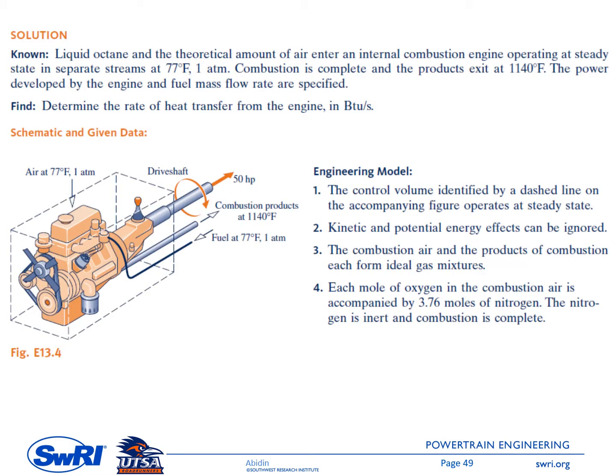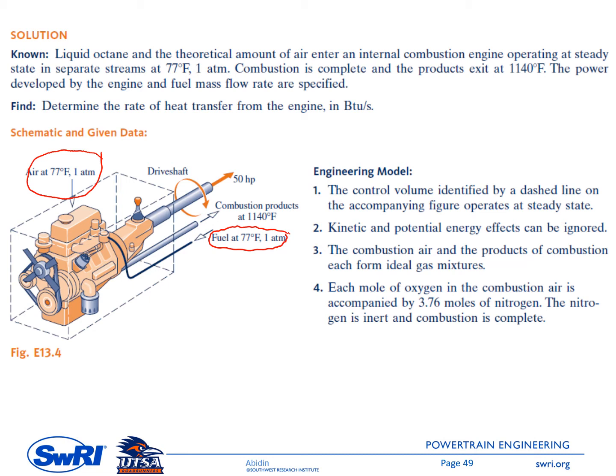Okay, on the left side is the schematic of the system. Here the system is the engine and the system boundary is represented by the dashed line. We have airflow here at 77 degrees Fahrenheit, 1 atmosphere, and here we have the fuel flow, also at 77 degrees Fahrenheit and 1 atmosphere.